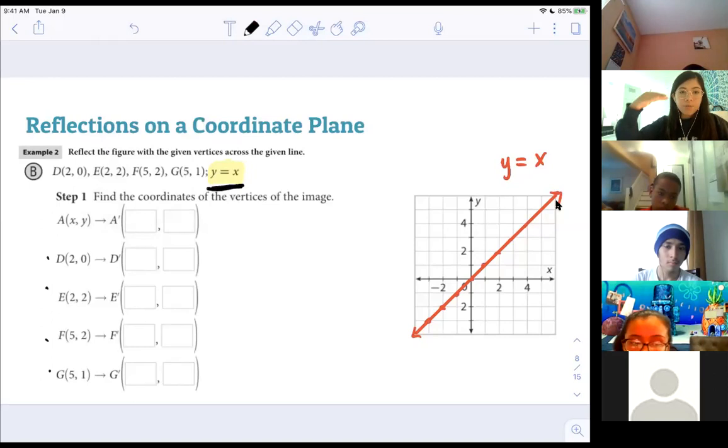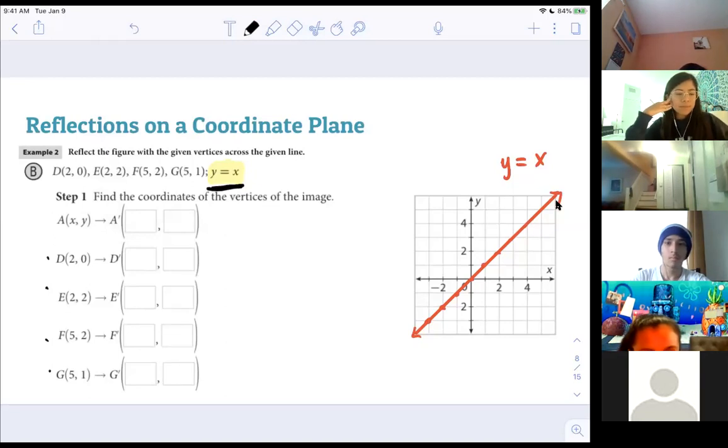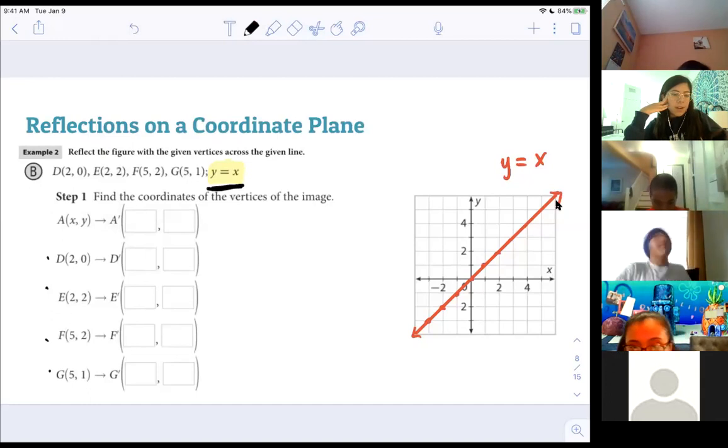We just wrote down those rules, and in those rules, it tells you exactly what to do. Would anyone like to help Daniel out?